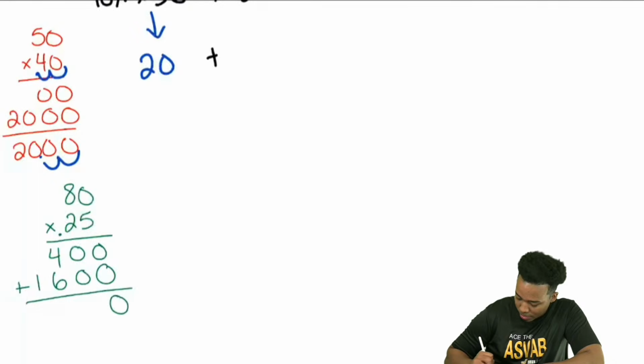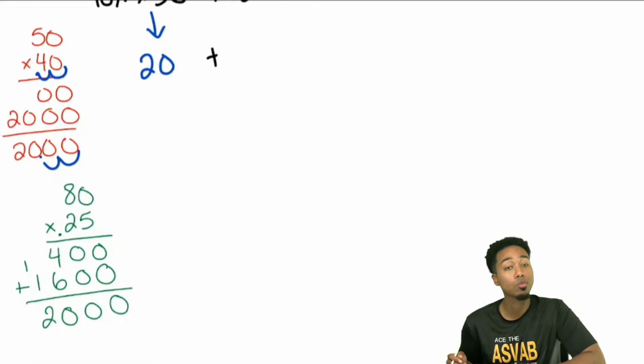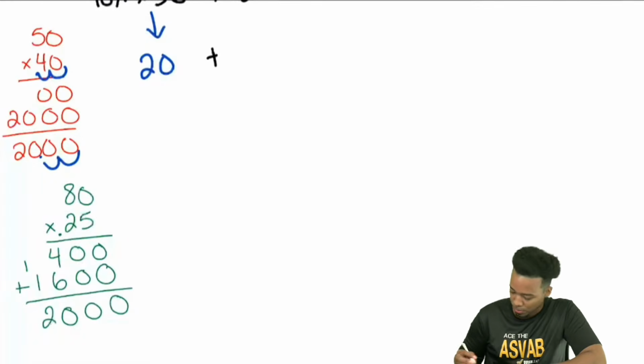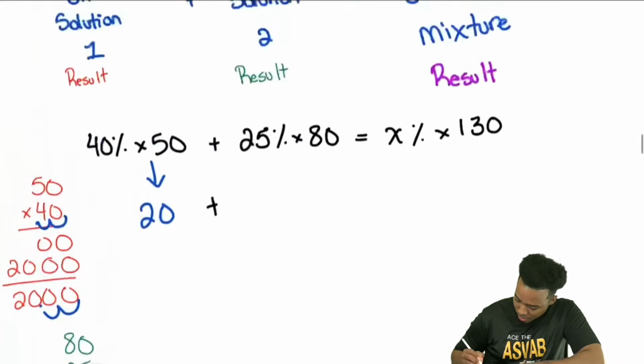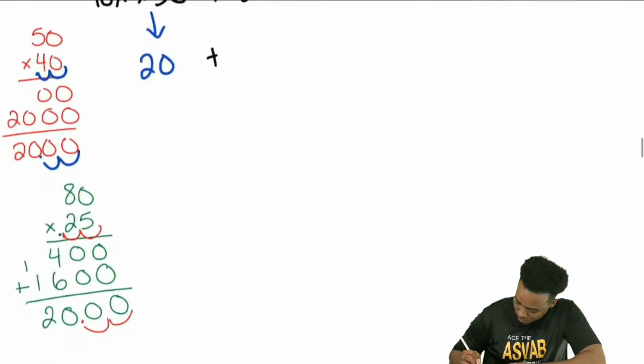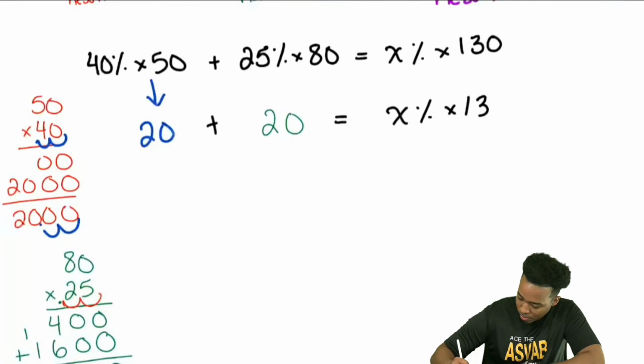Add this all up, and then we have ourselves 2,000. But everybody, how many decimal places do we bring it back by? We bring it back by 2. So that's going to be, again, 1, 2, 1, 2. But nonetheless, what color was that? Green. So, yep, boom, plus another 20 equals whatever X percent times 130 was.